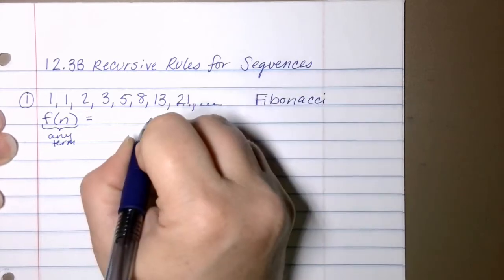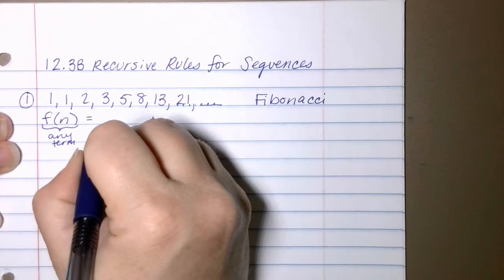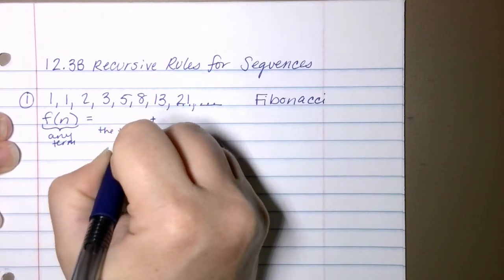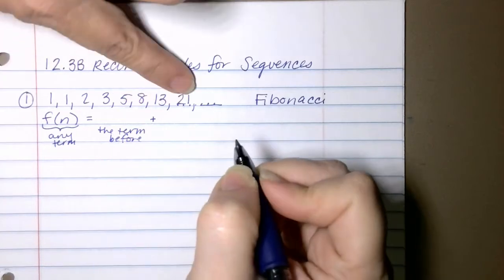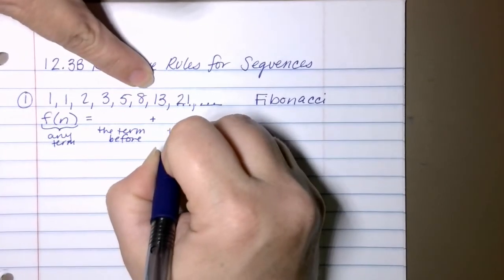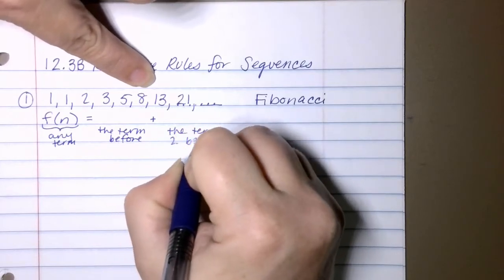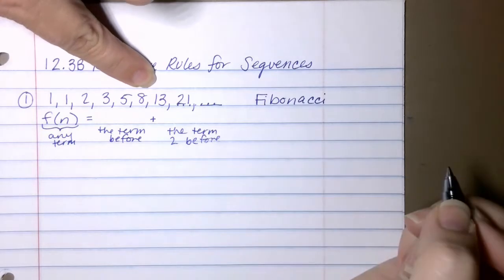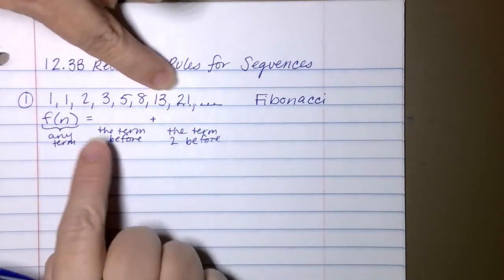So I'm going to put a plus sign right there. We add the term before plus the term 2 before. To get any term, you add the term before plus the term 2 before.